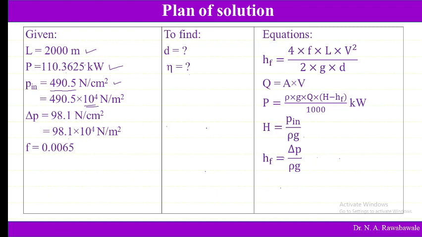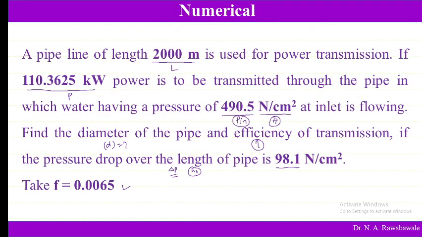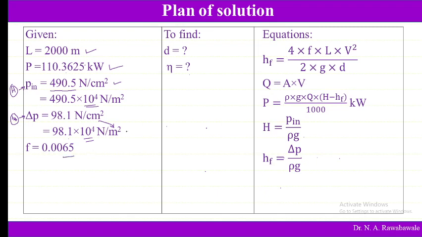Instead of head loss due to friction, delta P is given, 98.1 Newton per centimeter square, which we convert to Newton per meter square by multiplying by 10 to the power of 4, and the coefficient of friction is 0.0065. So we are asked to find out diameter and efficiency.